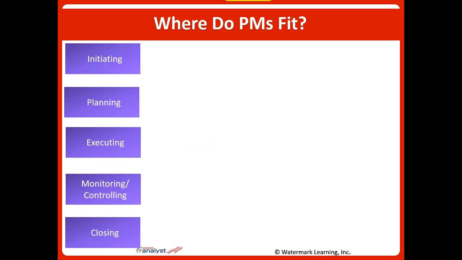All projects, regardless of how big or small they are, regardless of the methodology that is used, have these processes in common. We begin, we do some planning, formally or informally, we do the work, we check the work, and then we close the work, either being a project, a phase, an iteration, whatever.